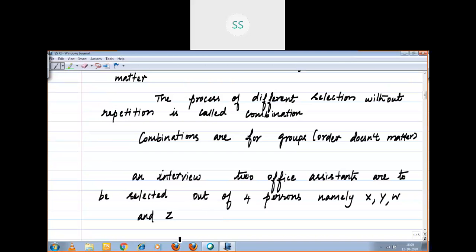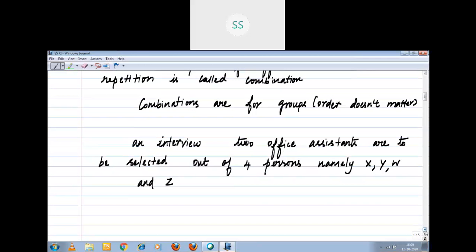How to select, any idea? You have to discuss with me.